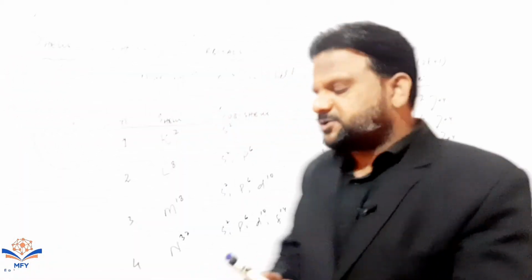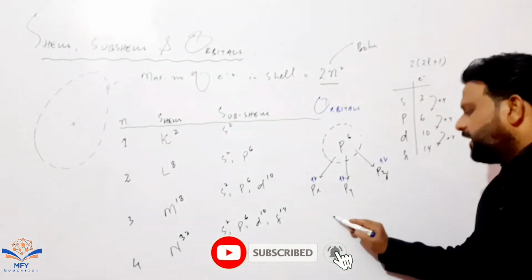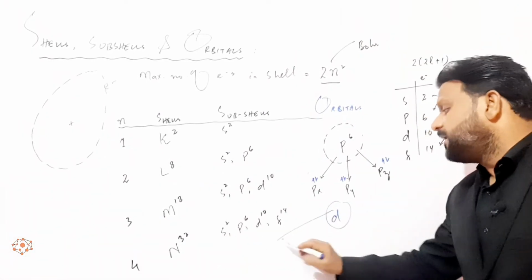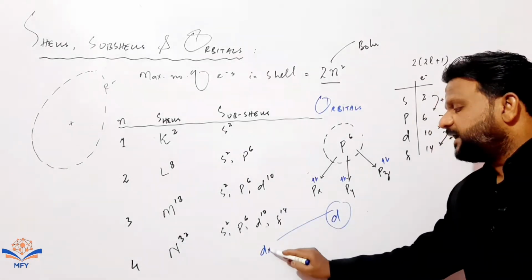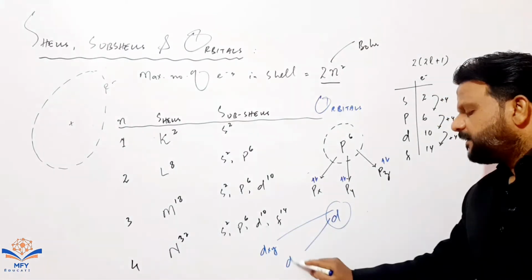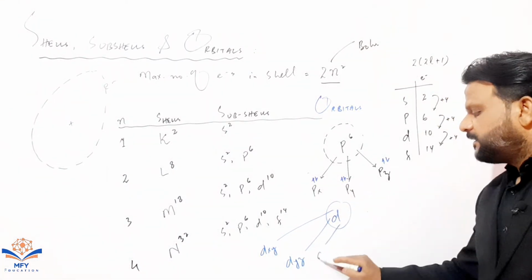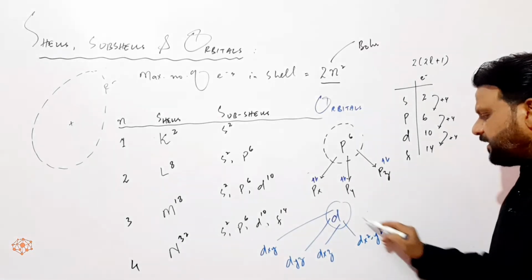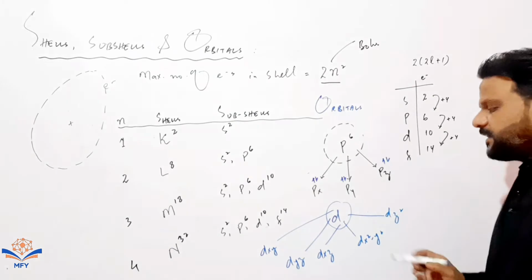Now for the d subshell, the d subshell contains 5 d orbitals: dxy, dyz, dxz, dx square minus y square and dz square.